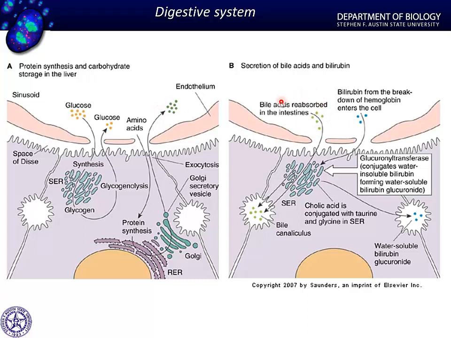And then we can also reabsorb some bile salts from the intestine, the acids. Those are brought in, and you can see we're secreting bile salts, cholesterol, cholic acid into our bile canaliculus. Here we're also secreting that bilirubin glucuronide directly into the bile canaliculus, and here we can see that processing of bile that's happening from the hepatocytes.